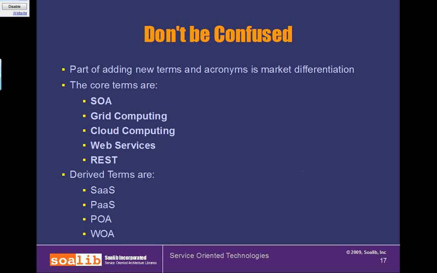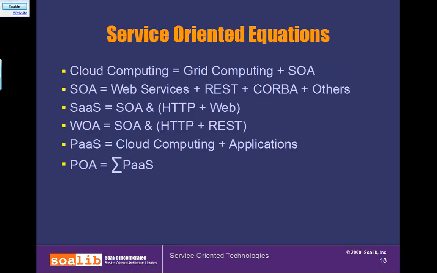Slide number 18. These equations are usually used to explain what the relationships are. You do not have to memorize this or anything. You can just visualize this. Cloud computing is composed of grid computing and service-oriented architecture.